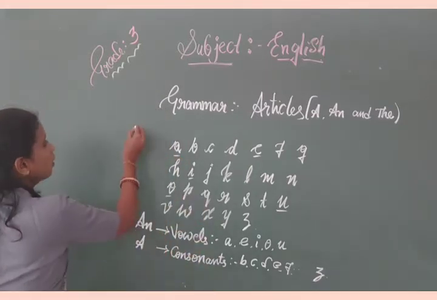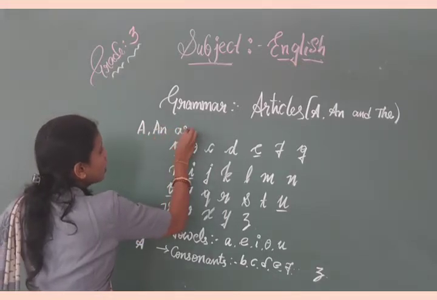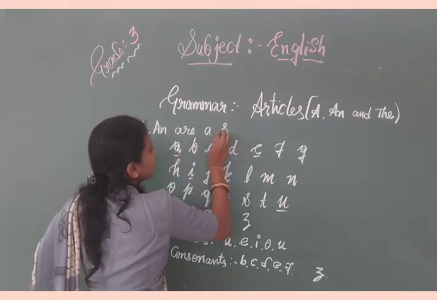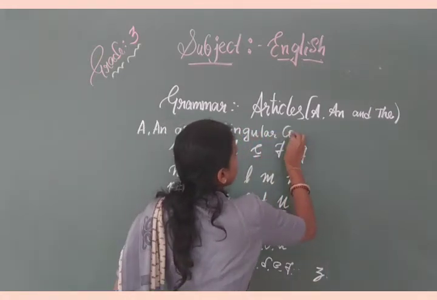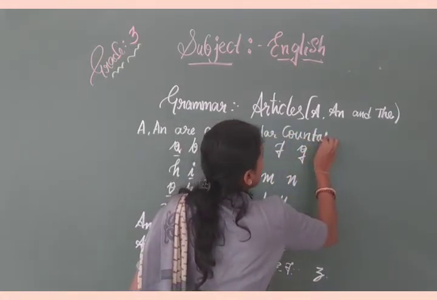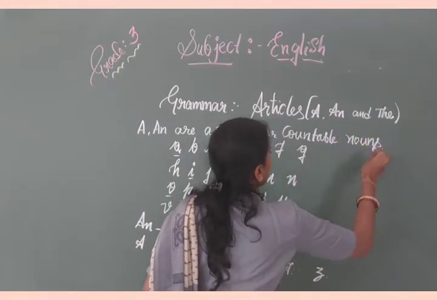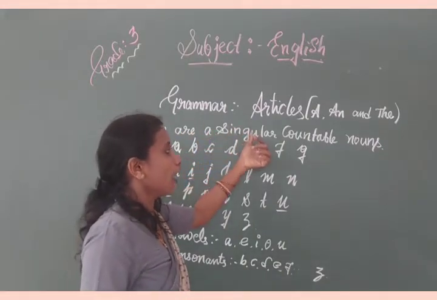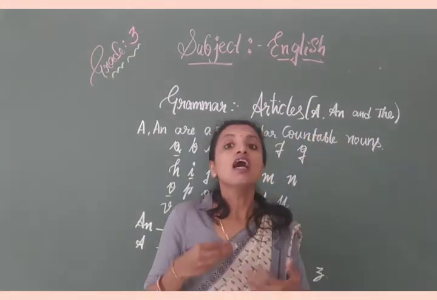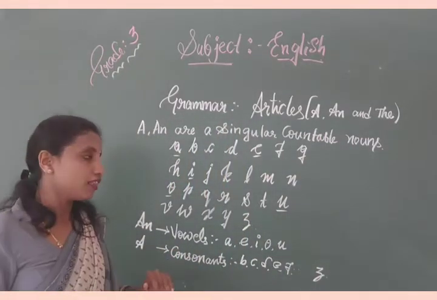Is it clear? A, an, or one, these are all singular countable nouns. Is it clear? Okay.